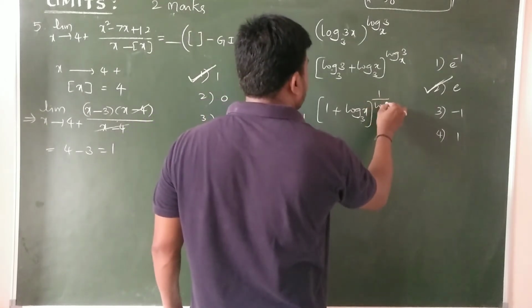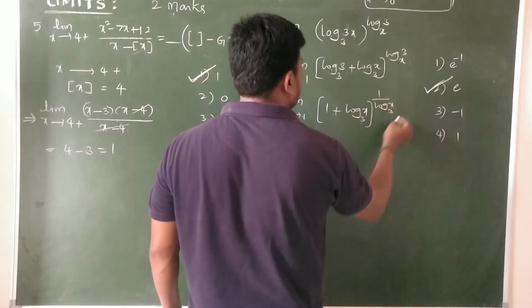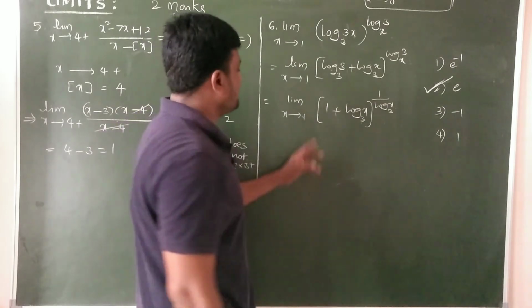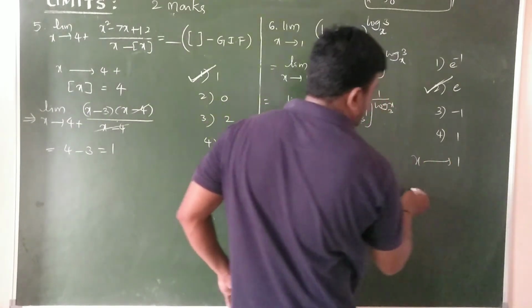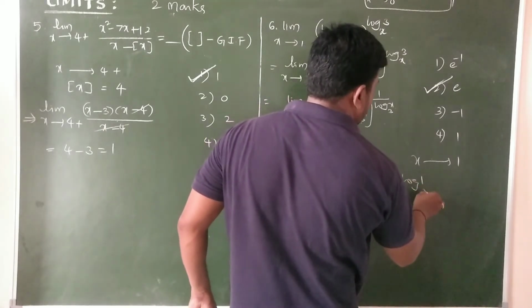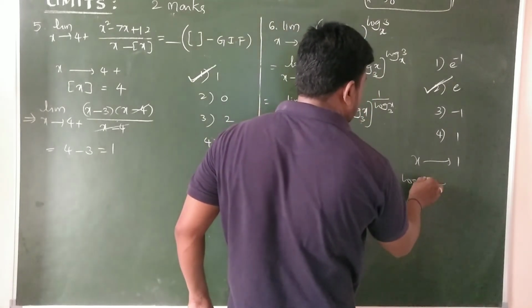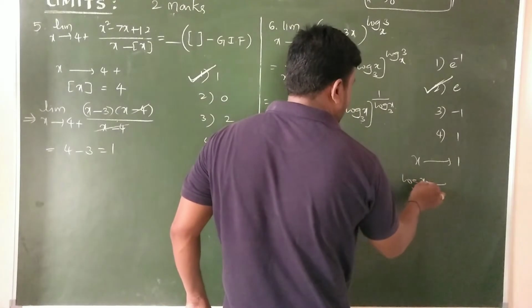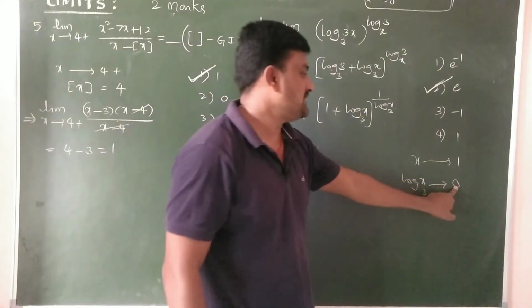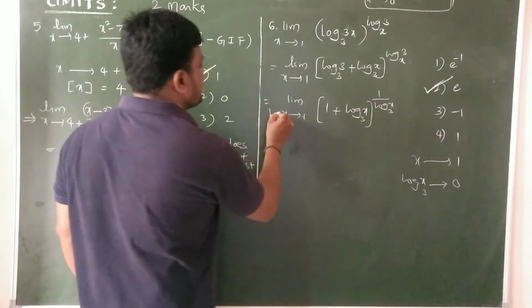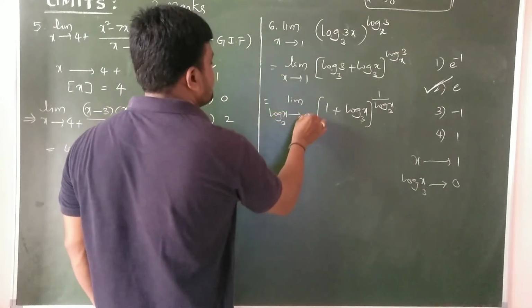Shall I write it like this, log x base 3. Then observe, if x tends to 1, then log x base 3 tends to 0, yes or no? Log 1 is 0, so shall I write it like this, it is 0.